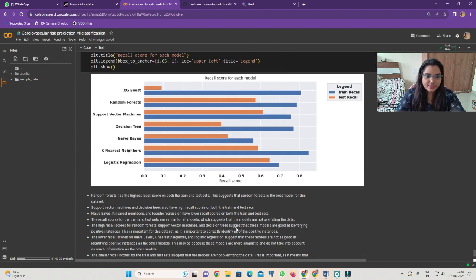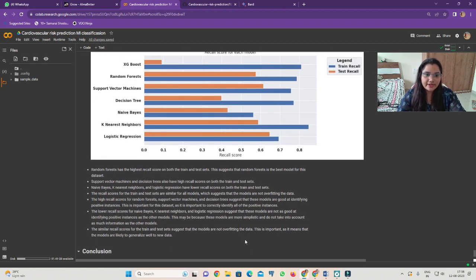So here we can see that the random forest has the highest recall score on both the train and test set. This suggests that the random forest is the best model for this data set. The support vector machine and the decision tree also have a high recall score on both the train and test set. Naive Bayes, k nearest neighbors and the logistic regression have a lower recall score on both the train and test set.